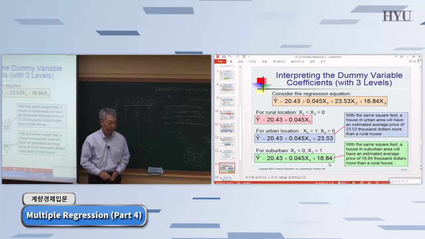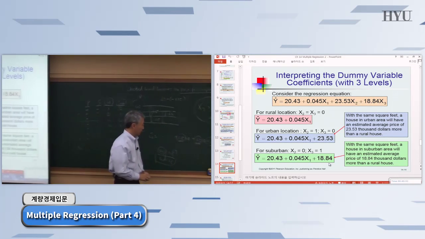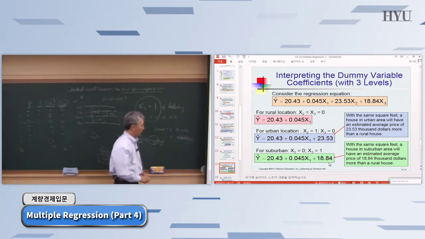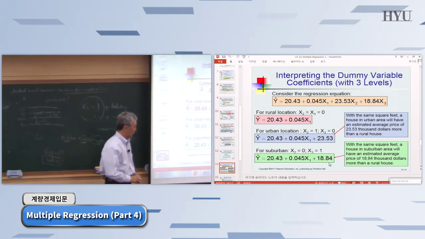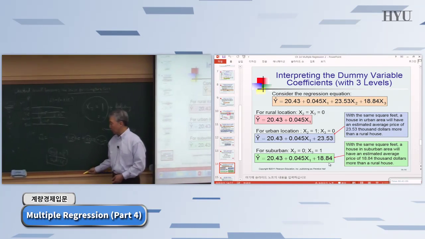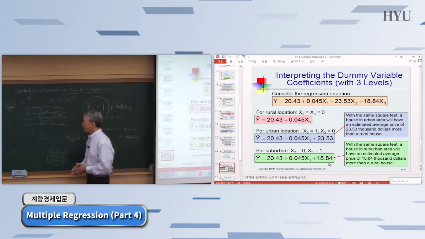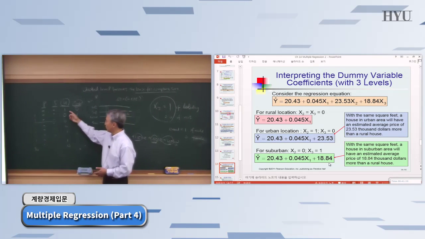Make sure you are able to interpret all the coefficient estimates for dummy variables correctly. Make sure you understand why we need to omit one level, and why the dummy variable can only have either 1 or 0.